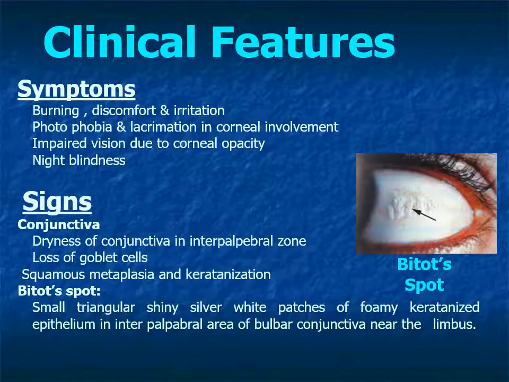In this picture, you can appreciate the Bitot's spots. These are small, triangular, shiny, silver white patches of foamy keratinized epithelium. It is present in the interpalpebral area of the bulbar conjunctiva in between the canthus and limbus.